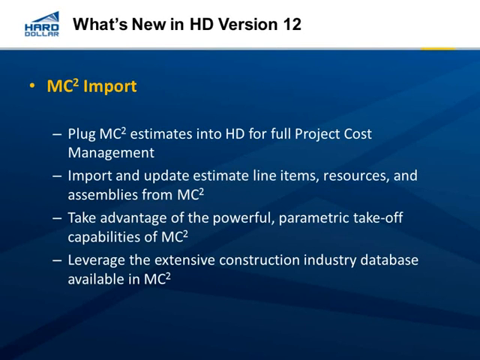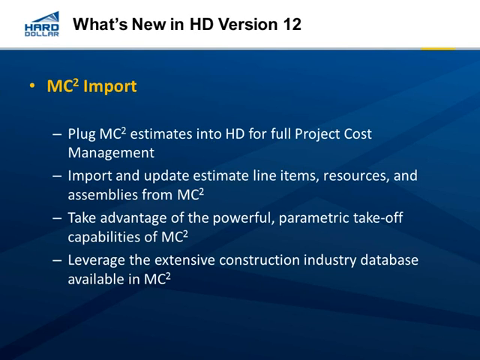MC squared import. I kind of touched on this before. MC squared is very powerful for parametric estimates, very, very detailed. And we found with some of our existing customers that they need this capability.